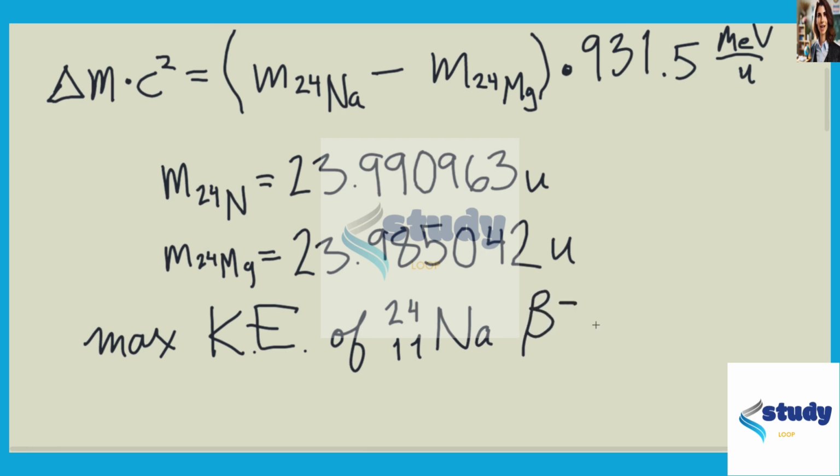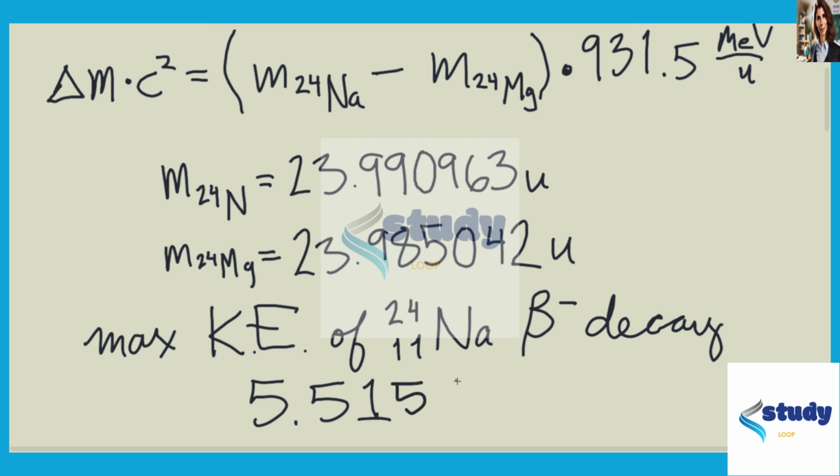And this is a beta negative decay. The maximum kinetic energy in this case is going to be 5.515 mega electron volts.